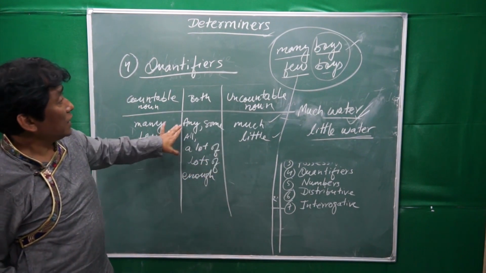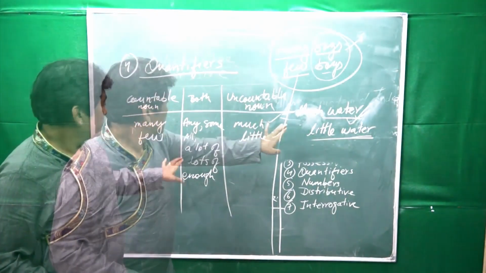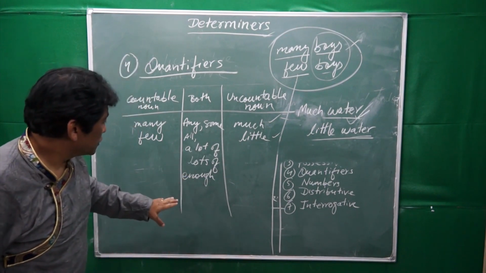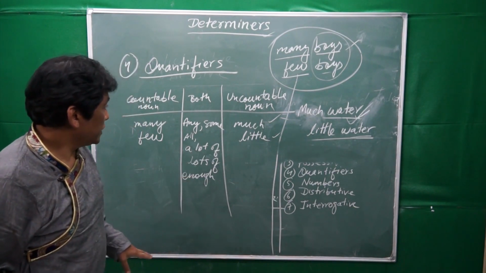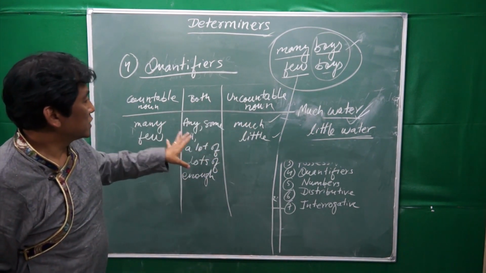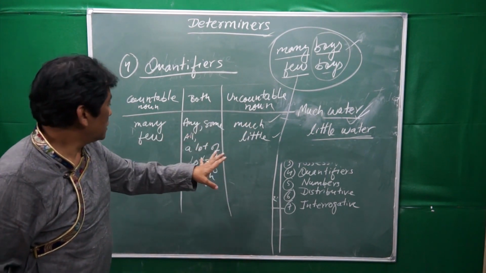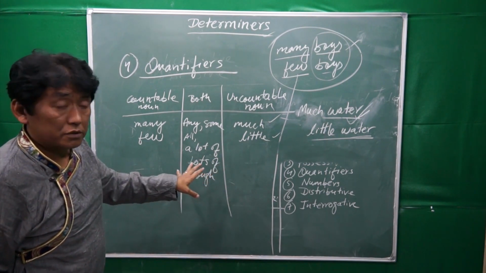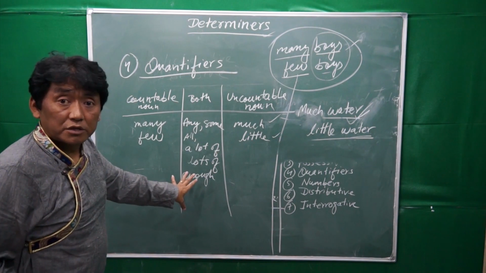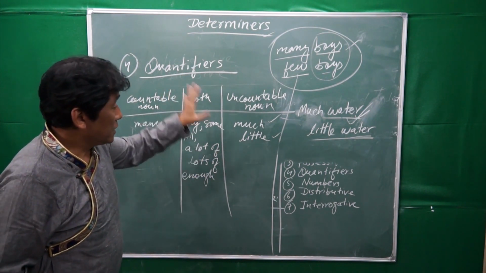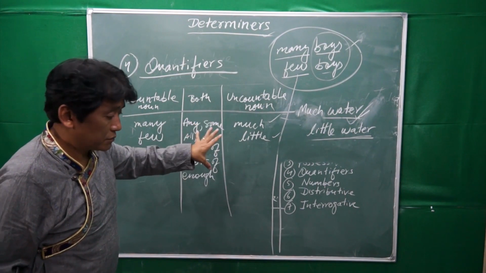Now see, any boy, or we can say a lot of boys, lots of boys, enough boys, right? In the same way we can write some water, all water, a lot of water, lots of water, enough water. So these determiners can be used in front of both countable and uncountable nouns.